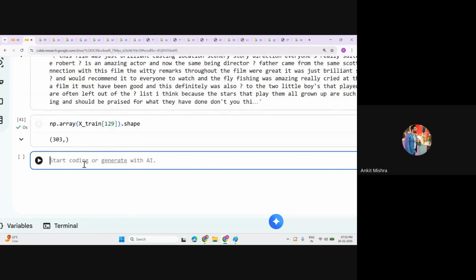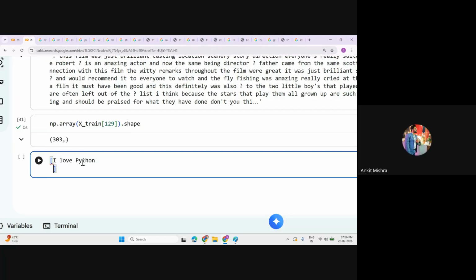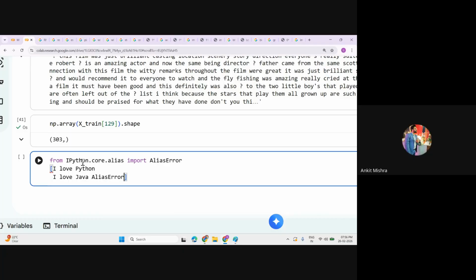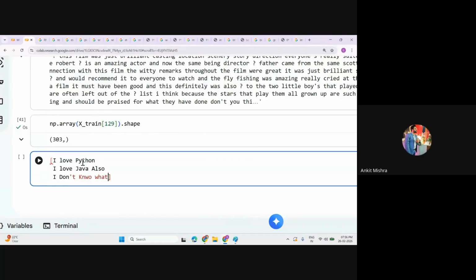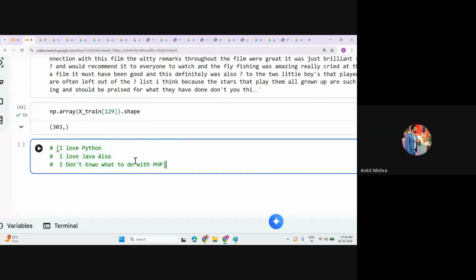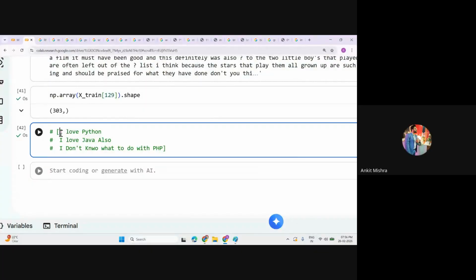And how to do this? Let me show this. If I have a sentence, I love Python, and the second one is I love Java also, and the third is I don't know what to do with PHP. So class, in this you have three different sets of words.